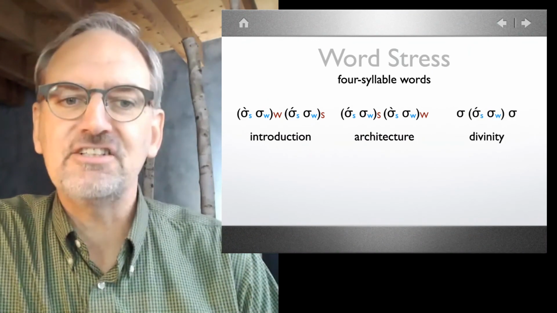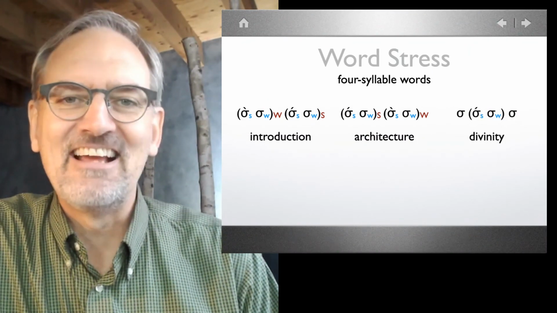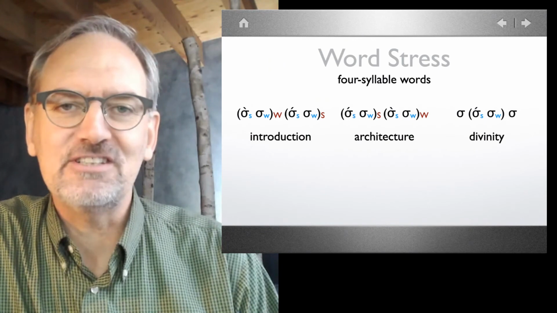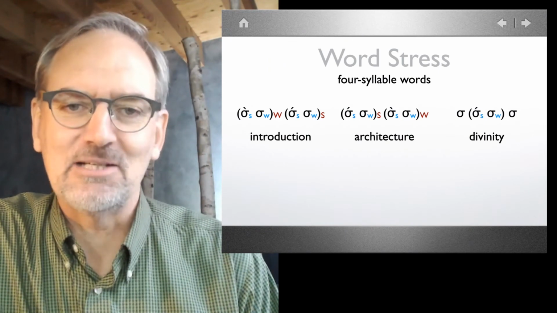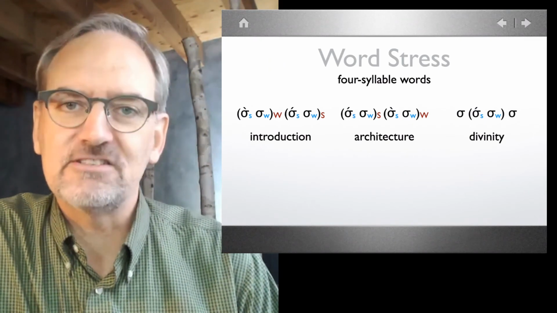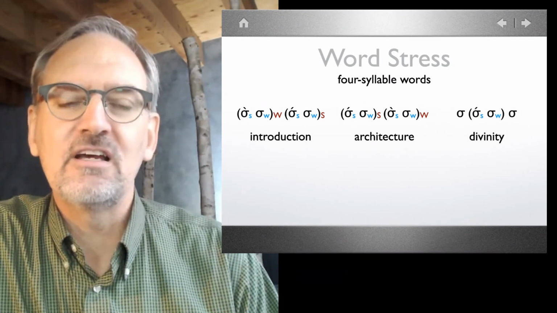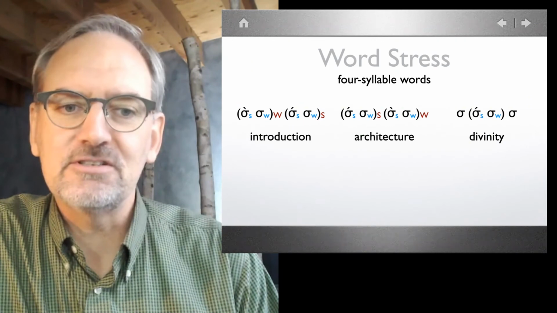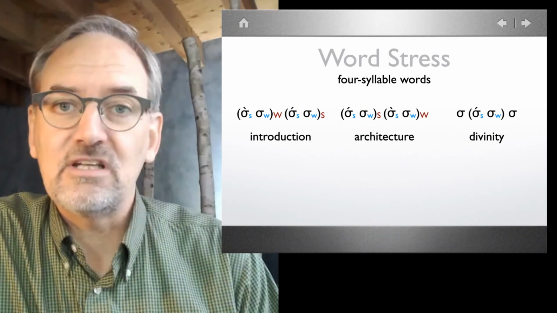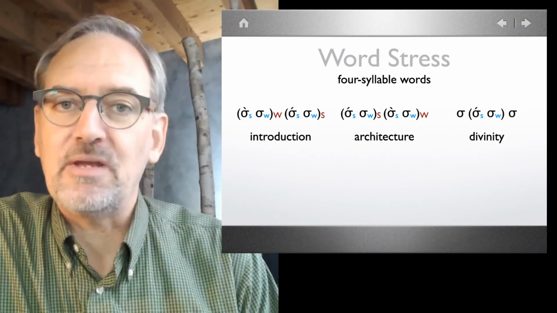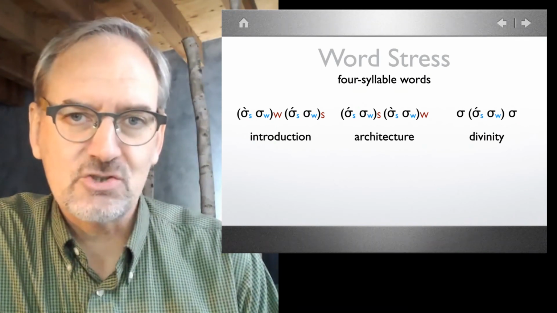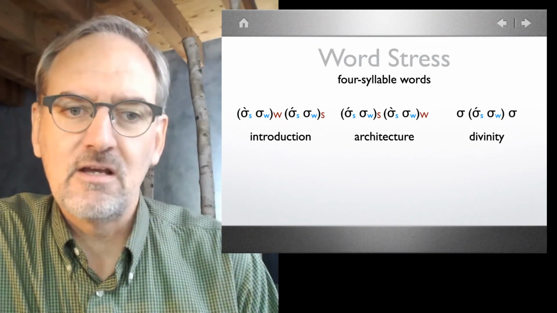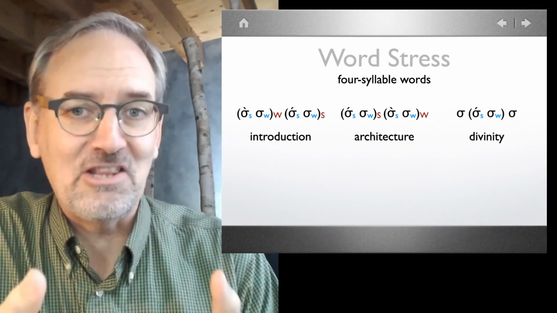The third variation that I showed briefly has both a pre-foot and a post-foot syllable. So there's only one foot in this 4-syllable word, and it's made up of the second and third syllables. They're both light syllables, but the first syllable in the foot, right?